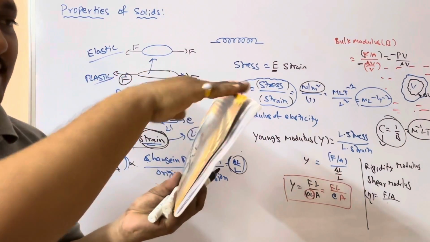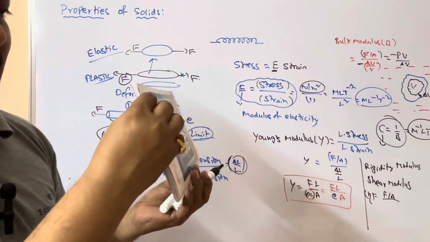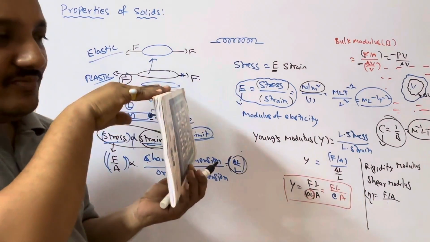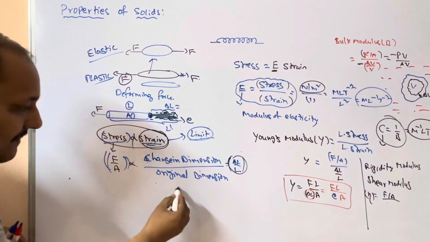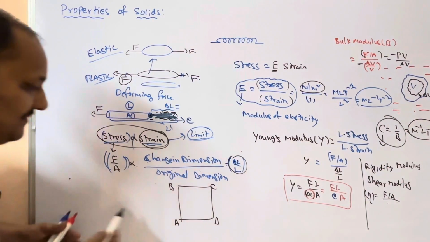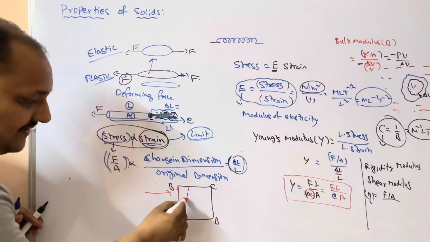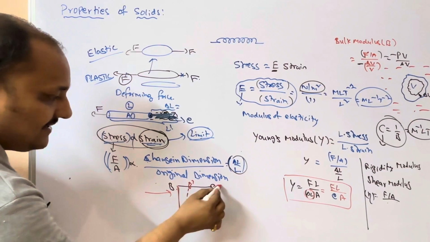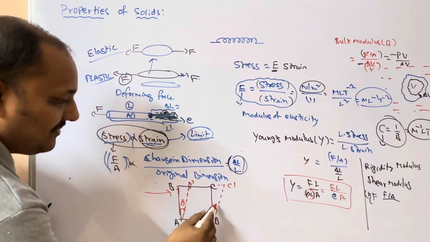You are applying force like this, and see, this is going to be shifted like this. How much angle it rotates, or how much distance it is shifted. So this is A, B, C, D. Whenever you apply force on this area, B is shifted to B dash, C is shifted to C dash. How much angle is it shifting?